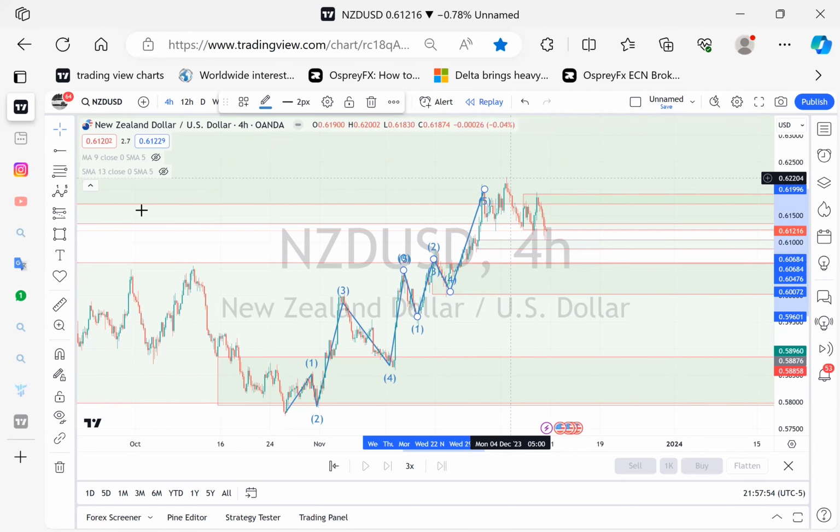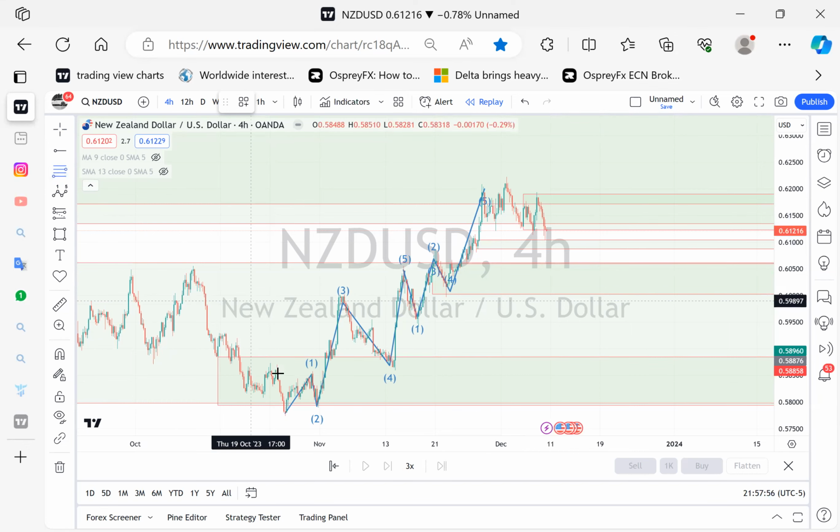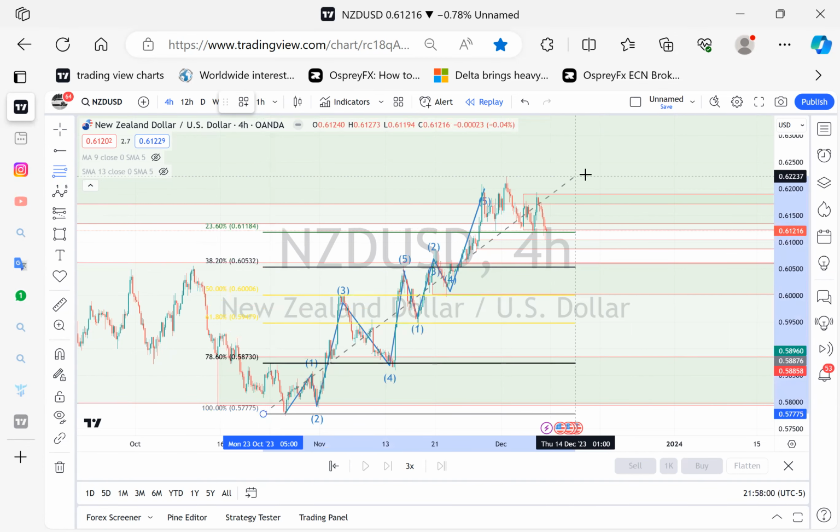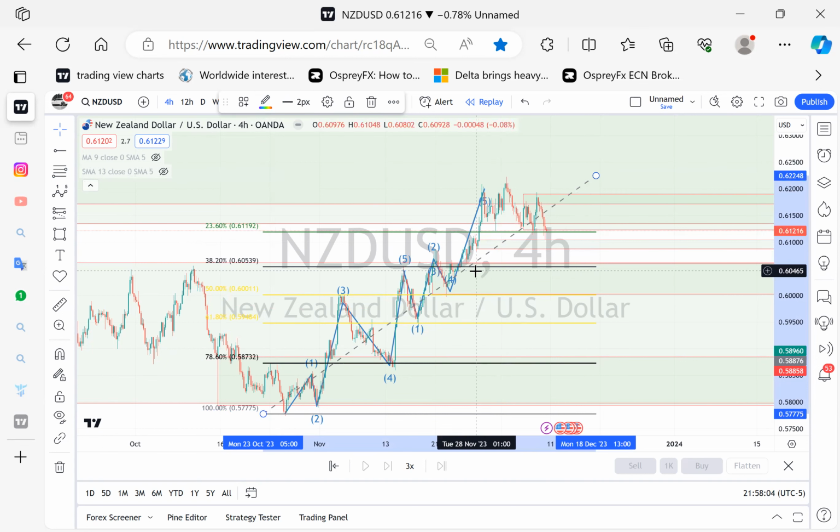Once you understand that this leg is done, you can fib from the bottom to the top. And you want your pullback to come to the discount. That discount starts at the 50% all the way to the 78%.